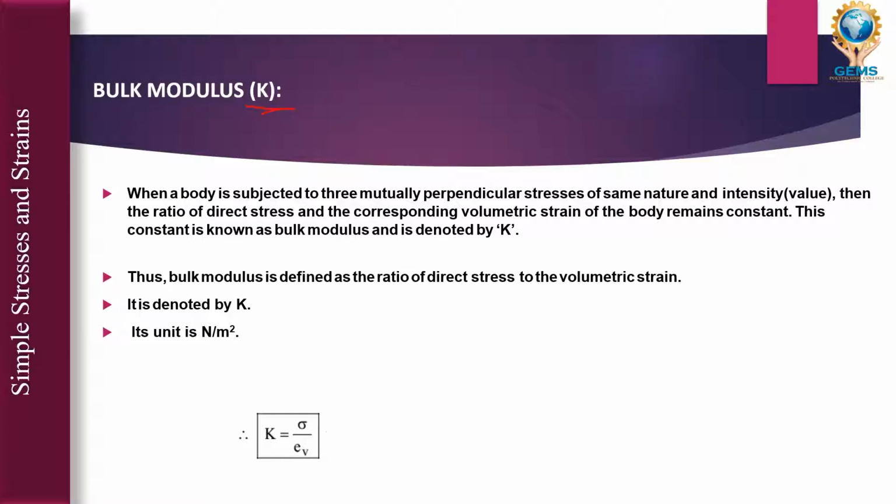That means when a body is subjected to mutually perpendicular like and equal direct stresses, the ratio of direct stresses to the corresponding volumetric strain is found to be constant for a given material, and when deformation is within a certain limit, actually this ratio is known as bulk modulus and is usually denoted by letter K. And if you will see mathematically, bulk modulus is denoted by K is equal to sigma divided by EB.